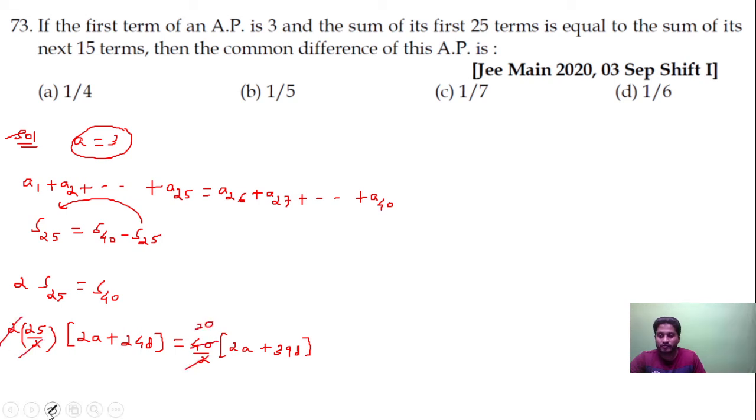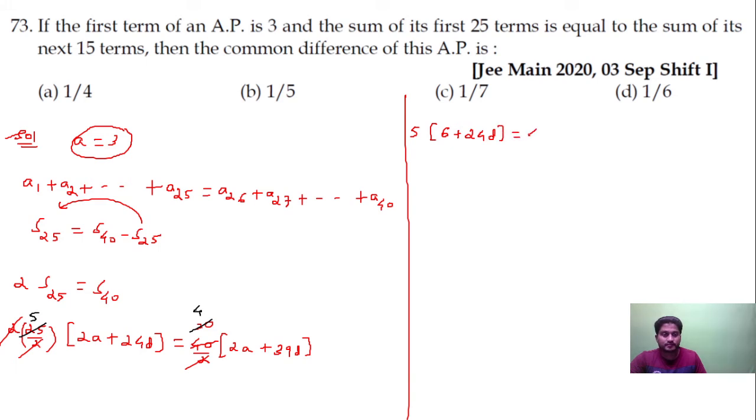If I divide by 4, so this is 5, okay, this will be 4. So the value of a will be equal to 3. So if I substitute here, you get 5 into 3 into 2 is 6 plus 24d, okay, is equal to 4. Okay, 3 into 2 is 6.